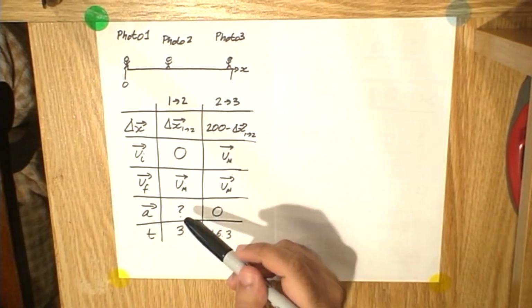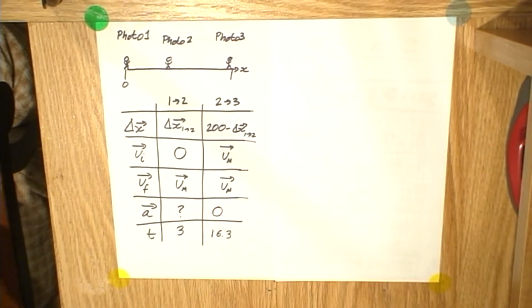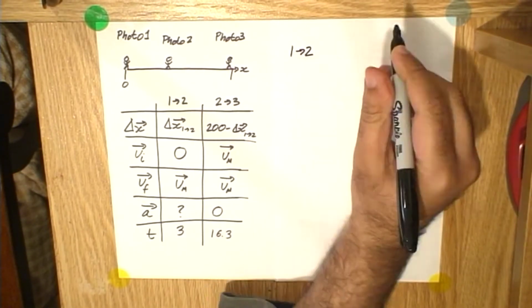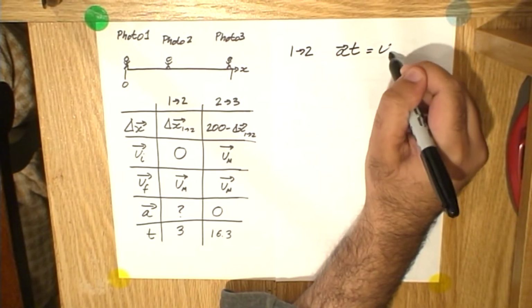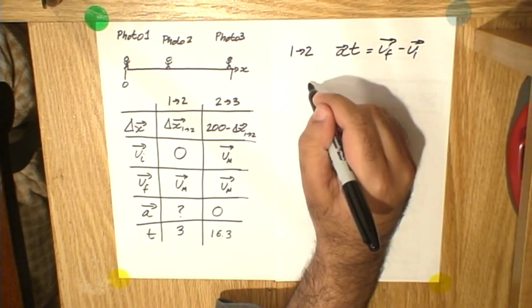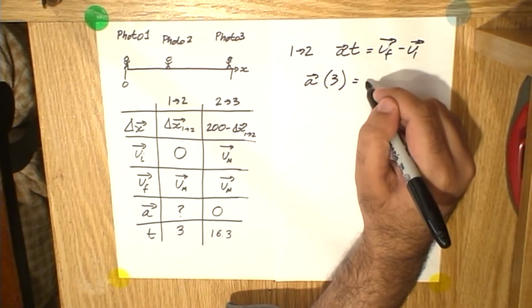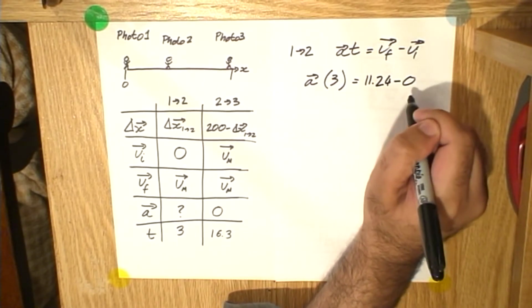Next, to find the acceleration of Usain Bolt from photo 1 to photo 2. From photo 1 to photo 2, we know that acceleration times time is equal to v final minus v initial. Now, the time required was 3 seconds, and that's going to be equal to 11.24 minus 0.